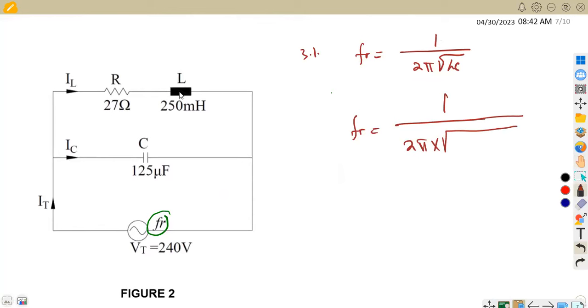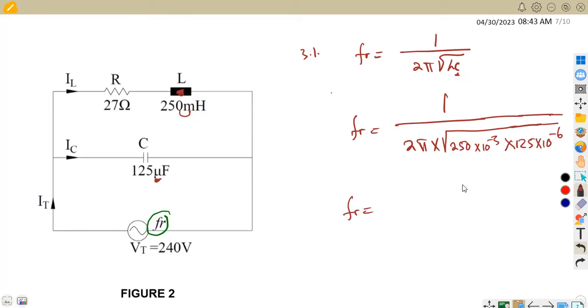Our L is the inductance, which is 25 milli, that is times 10 to the power of -3, times the capacitance, which is 125 micro, that is times 10 to the power of -6. This is going to give us the resonant frequency, measured in hertz.